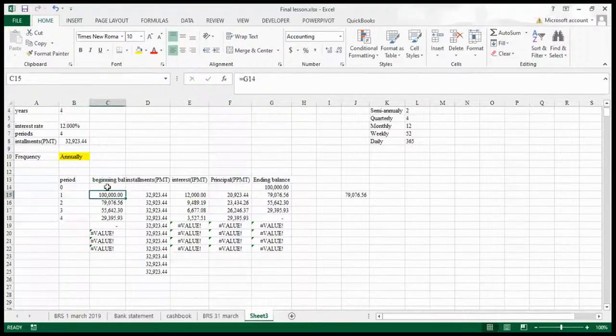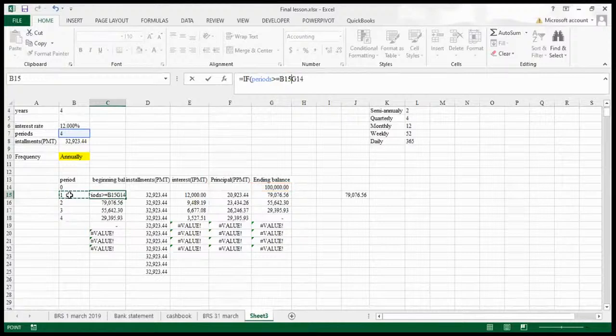So we are coming here and saying if. We just add the if function. It will be common to all of them, equal to if this period here is greater than or equal to this, comma, it should give us this G14 or the ending balance.